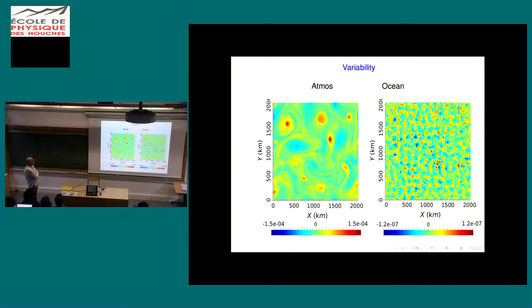And this is what we saw. Here we have a rather small friction coefficient, CD is 10 to the power of -4. And what you see here is the turbulent atmosphere, and you don't really see the forcing in this snapshot. If I would show you an average over a long period, then the forcing, of course, would appear, but you don't see it in an instantaneous snapshot due to the turbulent motion, and the same is somehow true for the ocean, as you can see here.